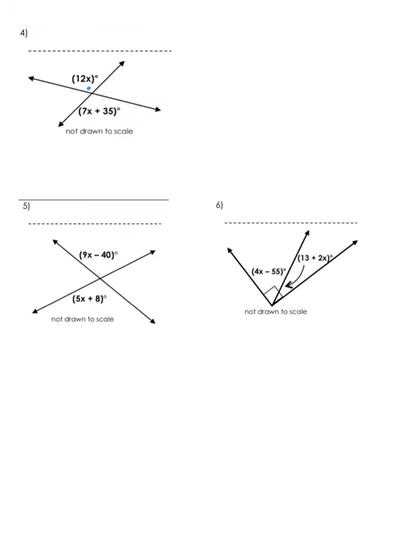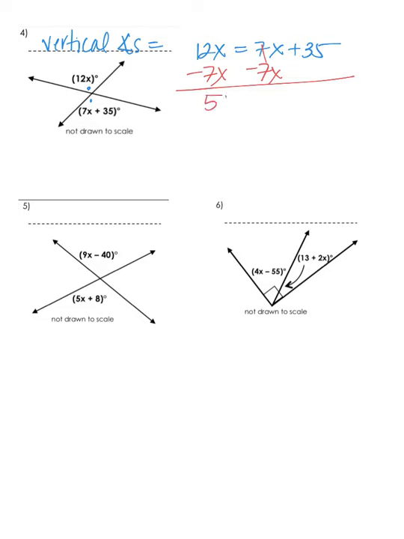All right, these are across from each other, so they're vertical angles, and they are equal. So my equation would be 12x is equal to 7x plus 35. Here we want to bring 7x over, and I get 5x is equal to 35. Divide by 5, x is equal to 7.